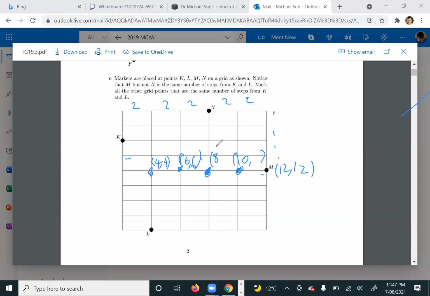What about the distance to L? Well, the 8 is to K. What about L? L is also 8 because it is 1, 2, 1, 2, that's 6, and then go up by 2 1s, and 2 plus 6 equals 8. Okay, and what about the last point?